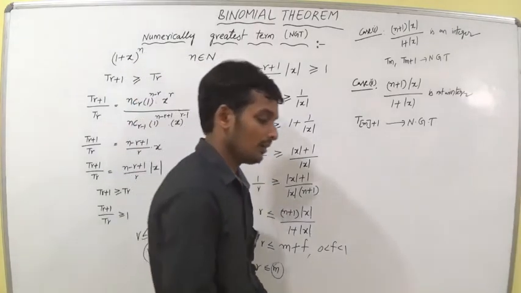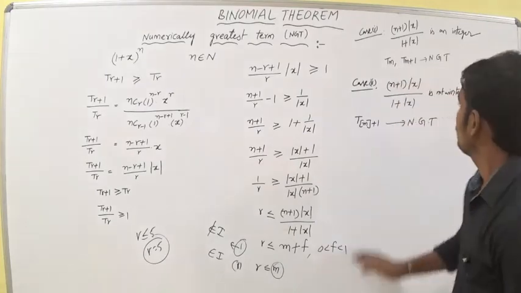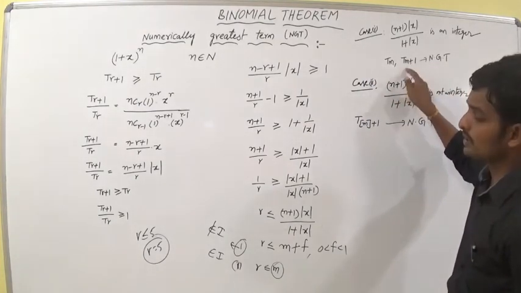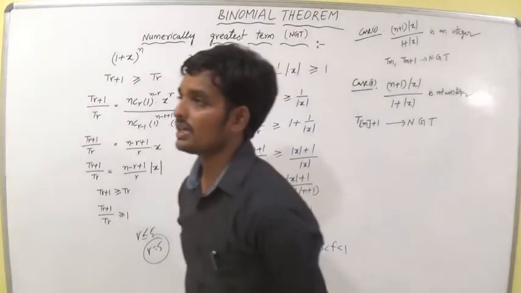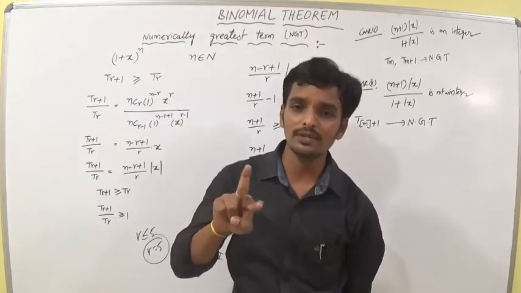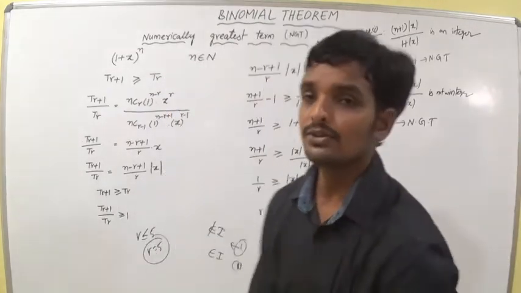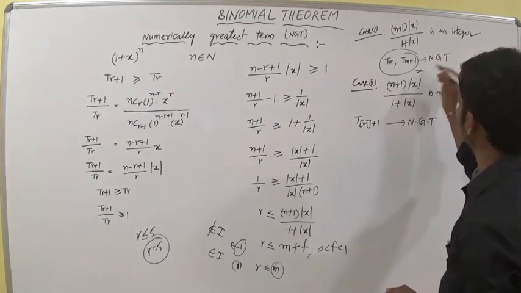So I think we have one doubt. In case 1, we are getting t_m and t_(m+1) as the numerically greatest terms. So in that case we get two terms as the numerically greatest terms, and the values of t_m and t_(m+1) are both equal.